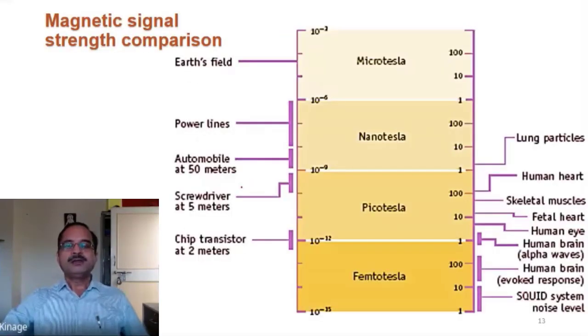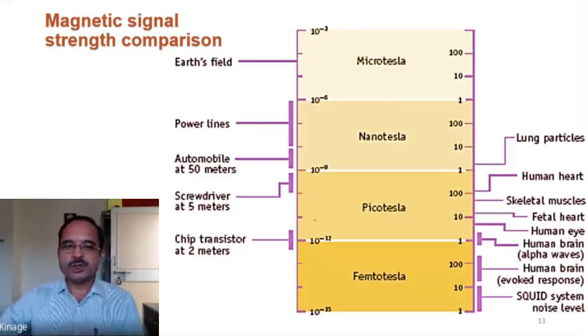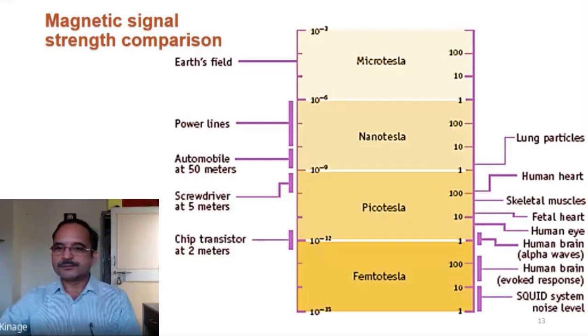Okay. Now this diagram again shows the amplitudes of various magnetic strengths. Let us start from the bottom. Squid system noise level.